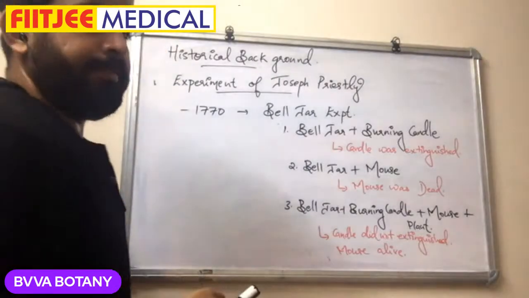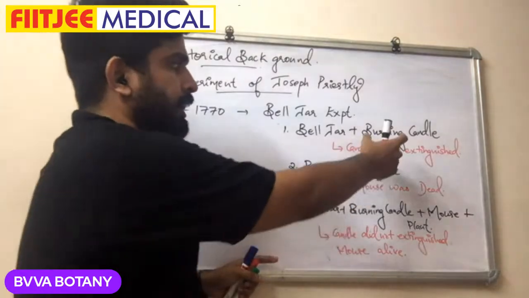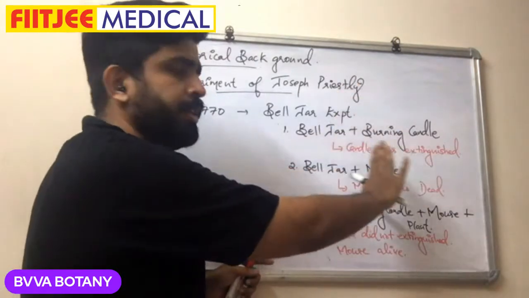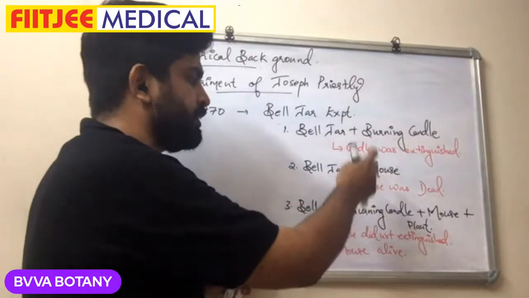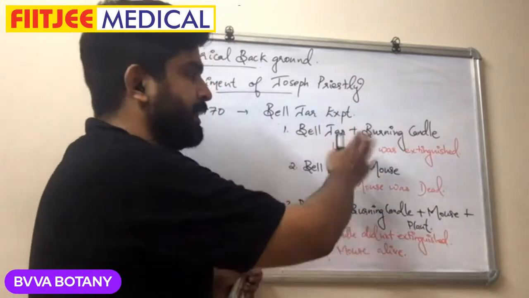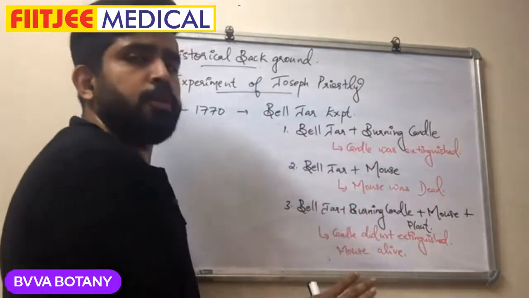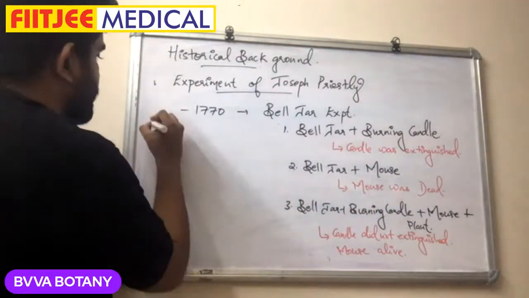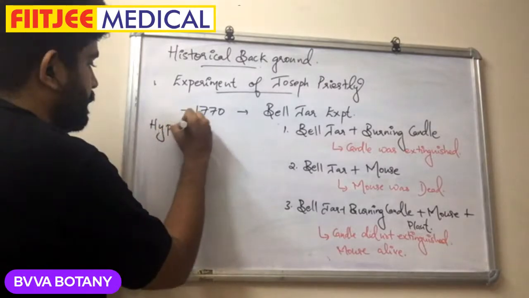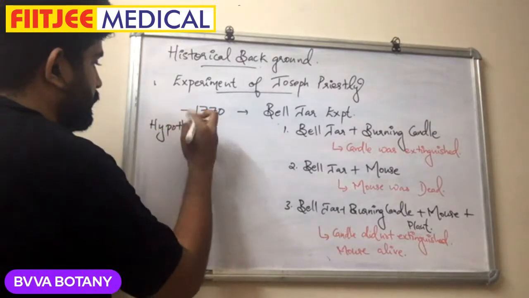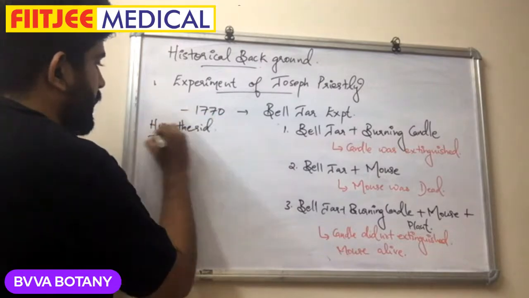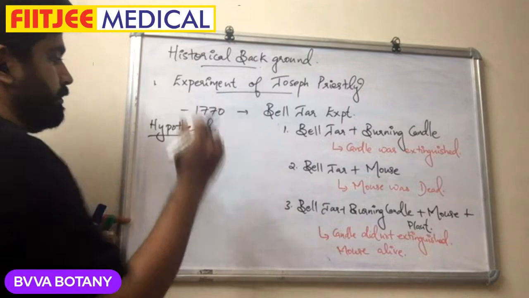So Joseph Priestley, whenever he took a candle along, the result was it was extinguished, or the mouse was dead. But when he introduced the plant, the candle was burning as well as the mouse was alive. So he hypothesized one thing.